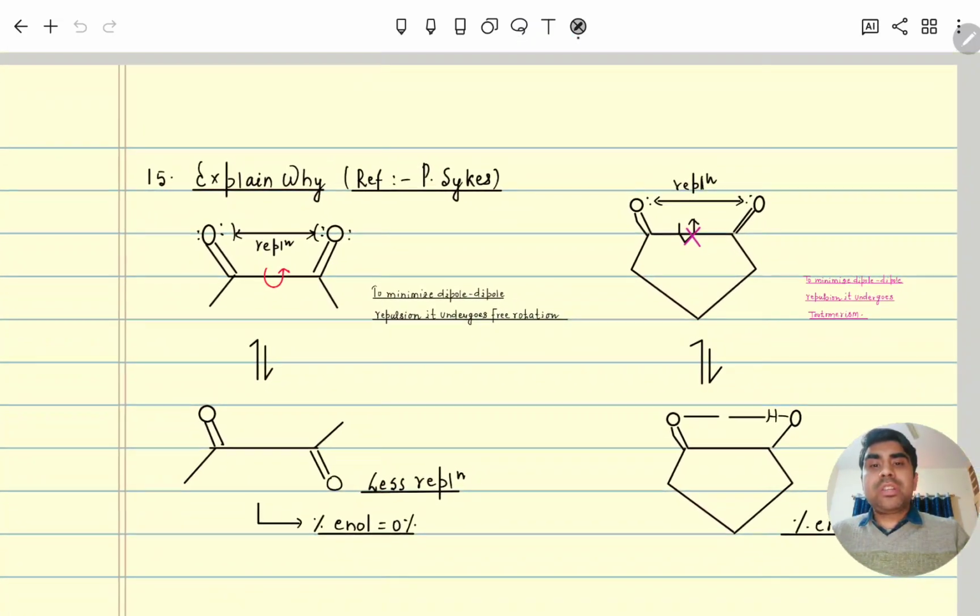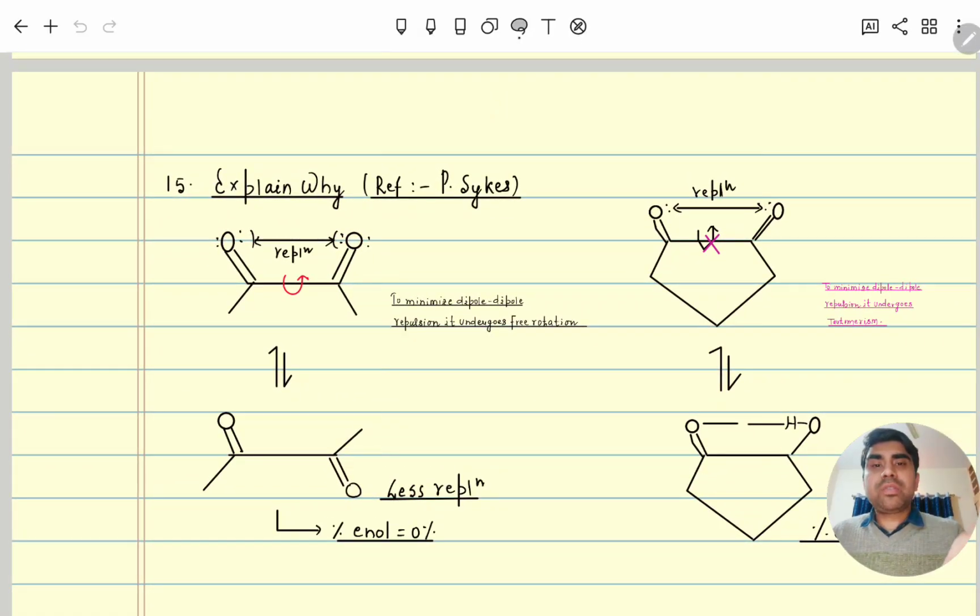Now here you can see, in the famous book by Peter Sykes, it is given to explain why, if a 1,2 diketo system is there and it is not cyclic, the enol percentage is not more. When we try to do enol, its enol will not be effective. Why? Because this oxygen and this oxygen have repulsion.